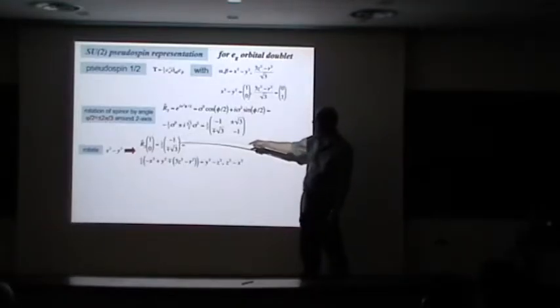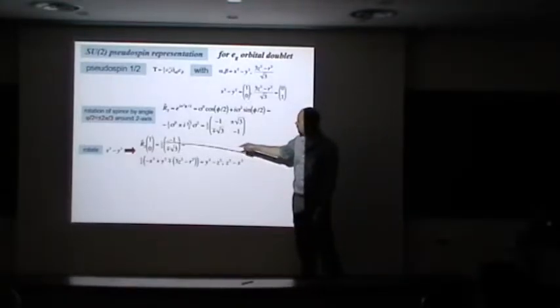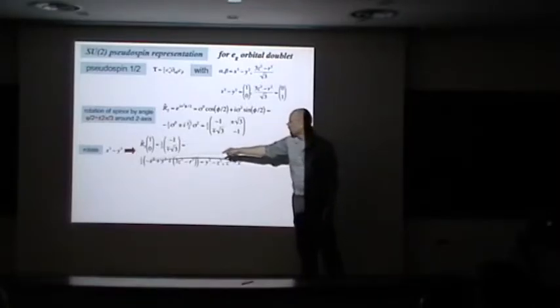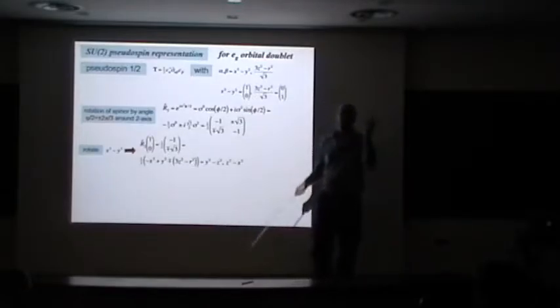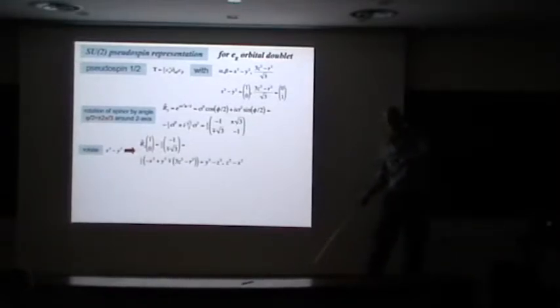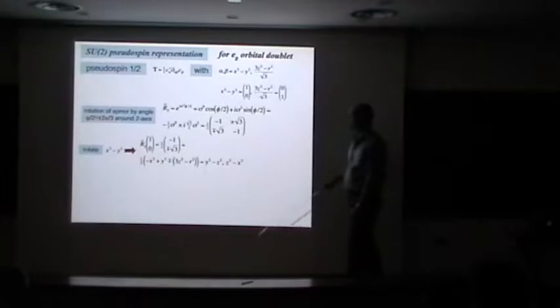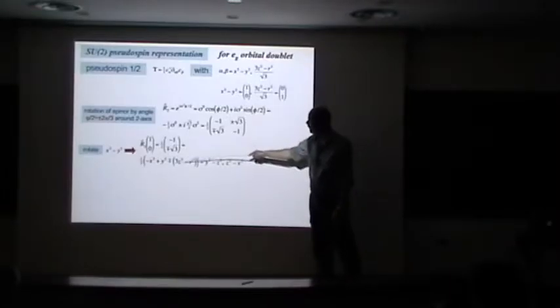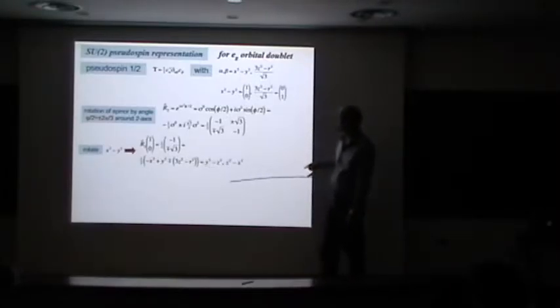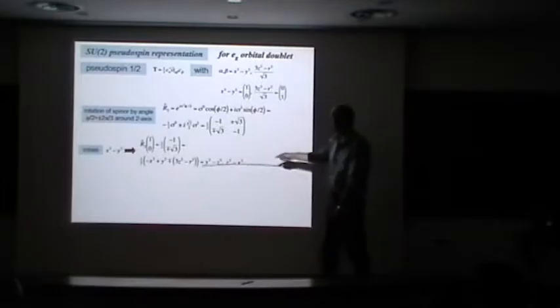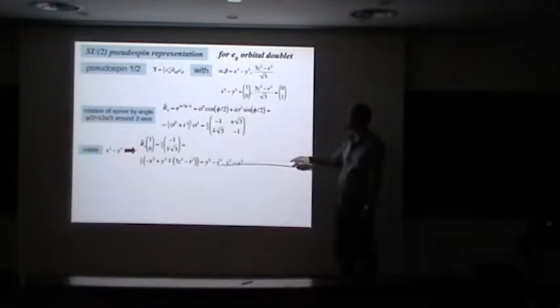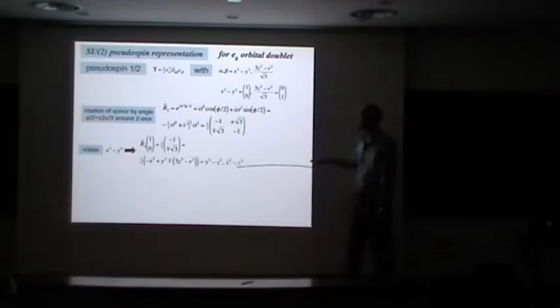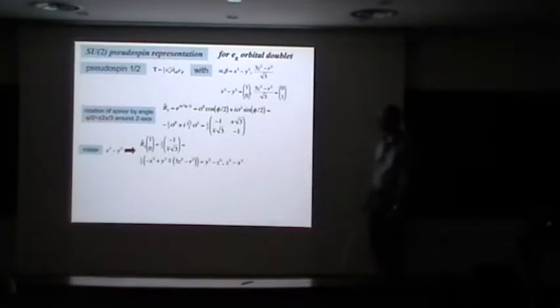And this thing I can write as minus 1/2 times x squared minus y squared, minus or plus, depending on whether I do the rotation clockwise or anti-clockwise, the 3z squared minus r squared. If I take the minus sign, I get y squared minus z squared. If I take the plus sign, I get z squared minus x squared.